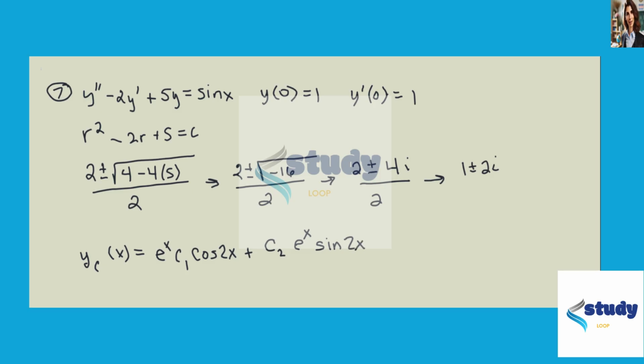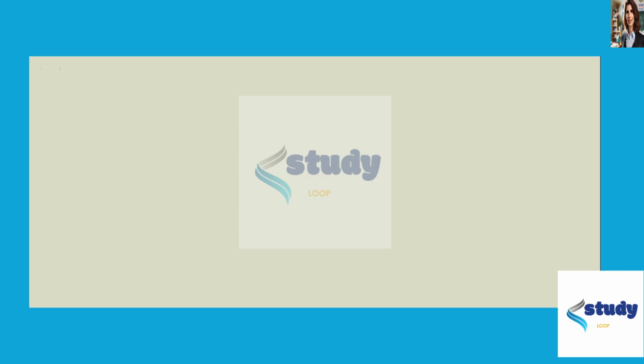And now I am going to impose y of x equals a cosine x plus b sine x.